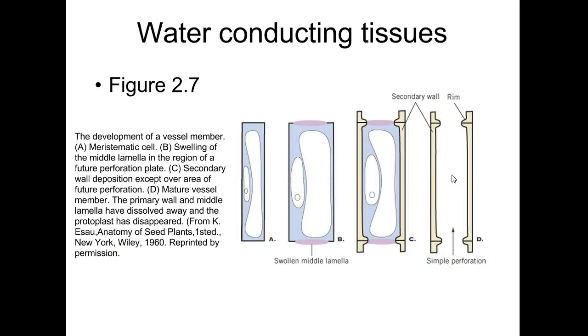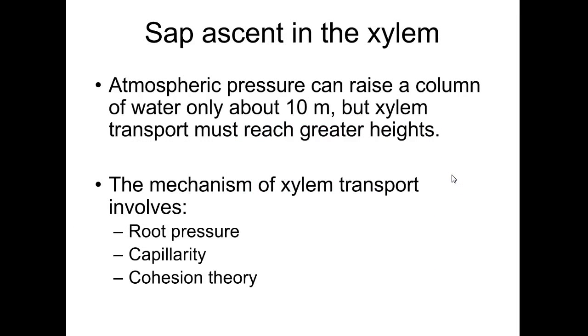Remember, there's also secondary cell wall thickenings. Now, how do we move stuff up in the tree? And that's what we're going to be talking about today and Wednesday. No matter how much vacuum you add to a column of water, you can't pull the water up to the top of the tallest tree.